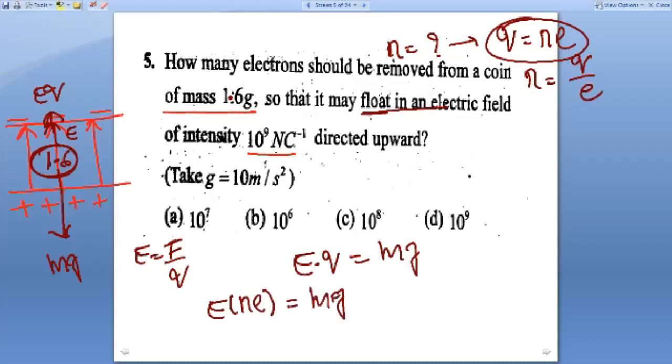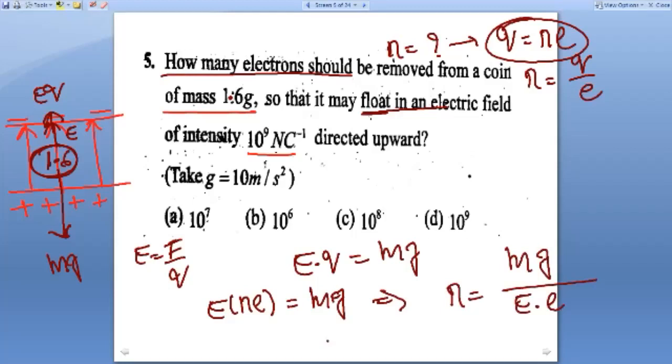I want the number of electrons, so N is equal to mg divided by E into small e.